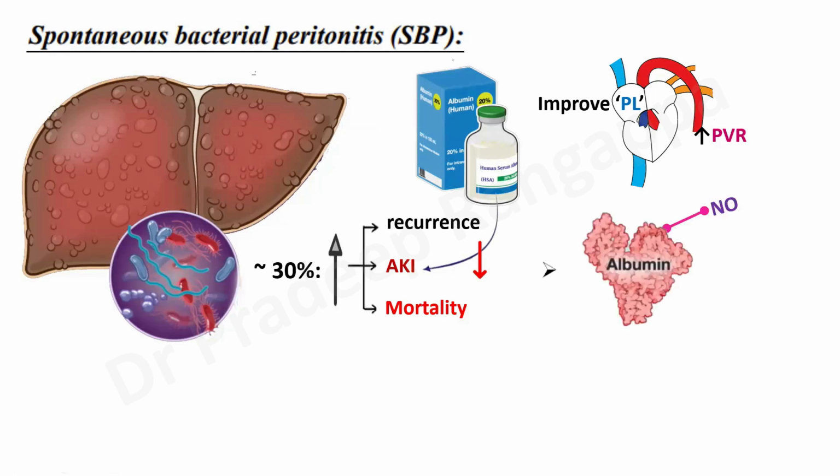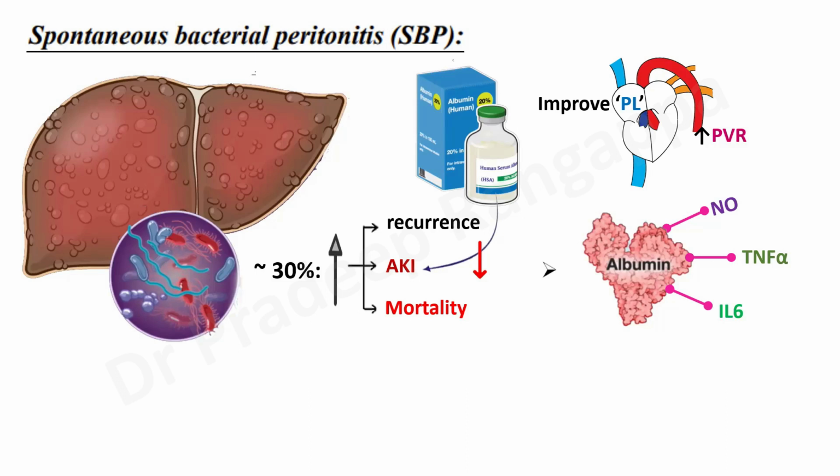So in SBP, how does albumin help? Albumin is a protein that is needed, and we know hypoalbuminemia prevails in CLD. Albumin is required to bind the toxins in the blood. Albumin binds nitric oxide, tumor necrosis factor alpha and interleukin 6. All these inflammatory markers it binds, so that the deleterious effects of these cytokines could be mitigated or avoided.